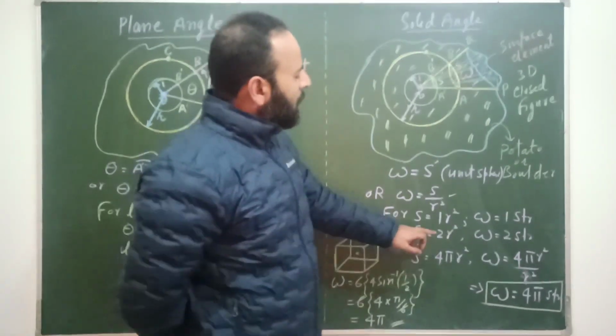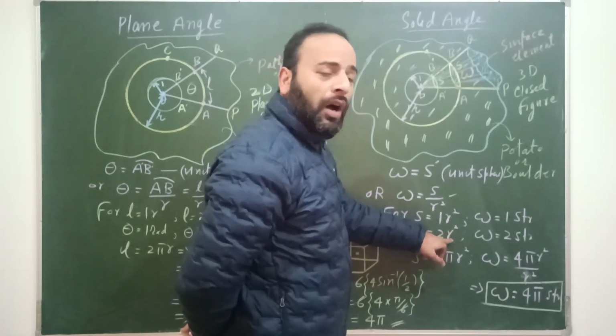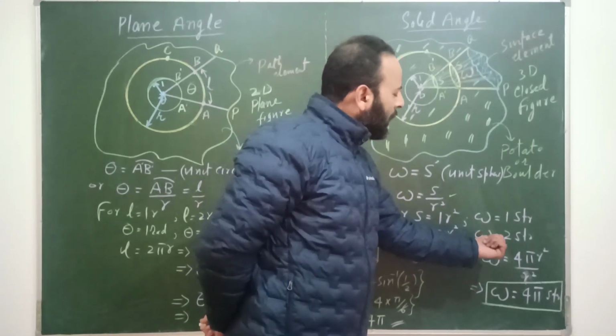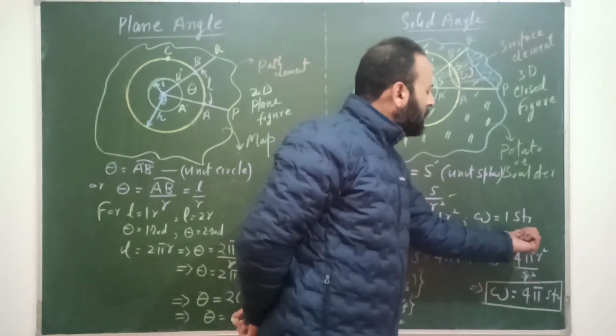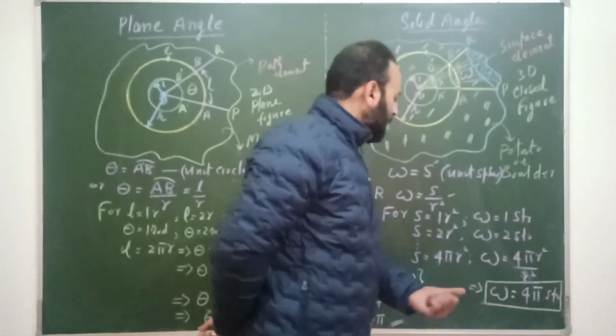In that case, we can write S is equal to 2r square, so omega is equal to 2 steradians.